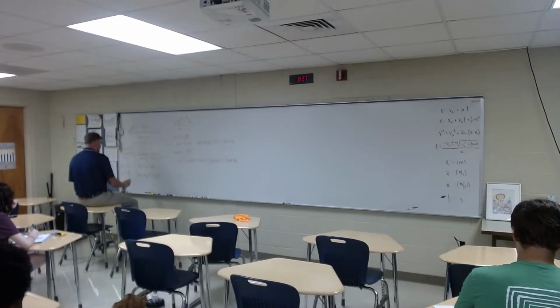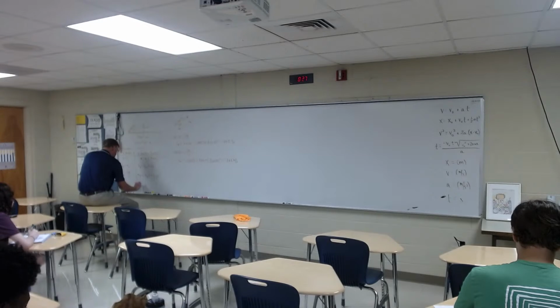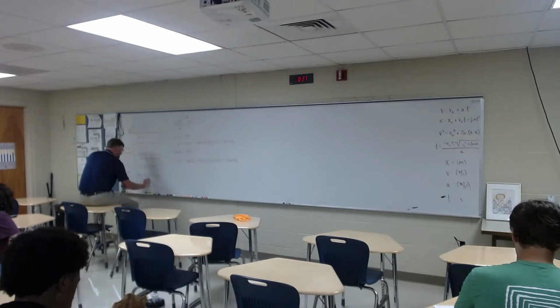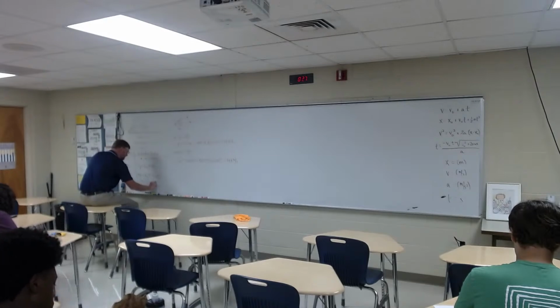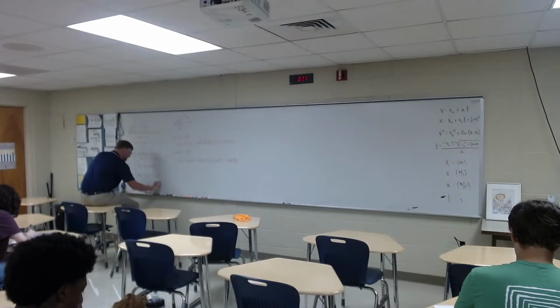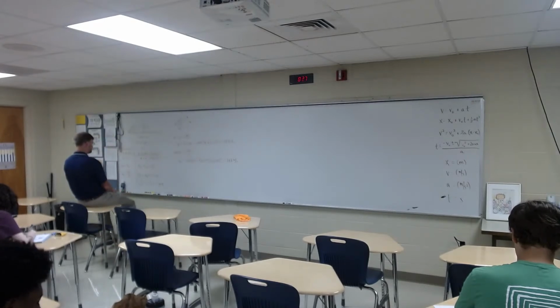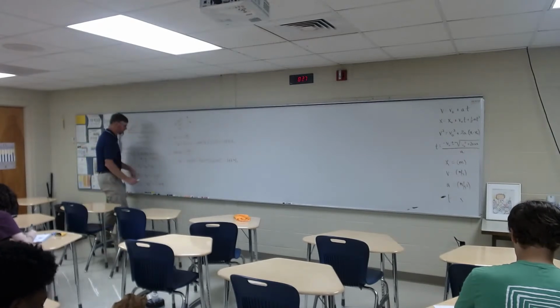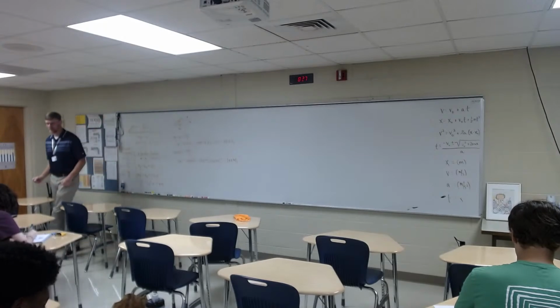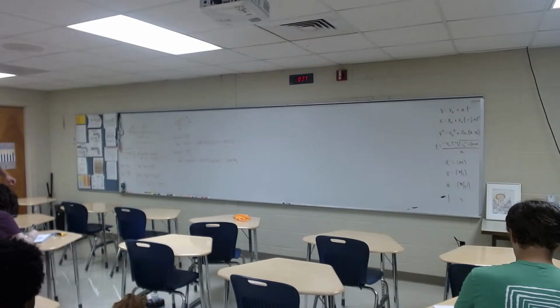Or we've got final velocity in the y direction squared equals initial velocity in the y squared plus 2 times gravity times the displacement in the y direction. All 3 of those equations apply at any point along the trajectory.